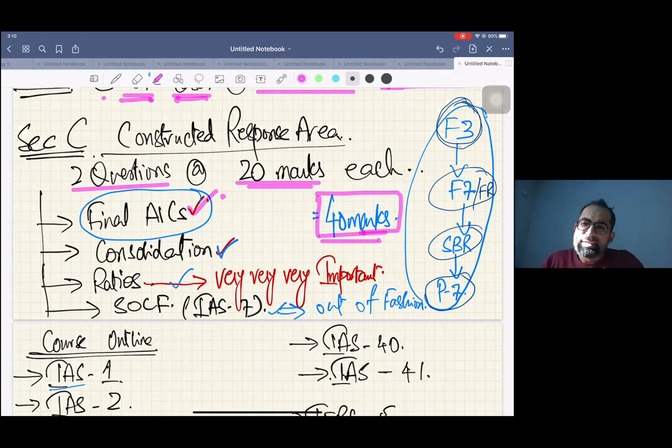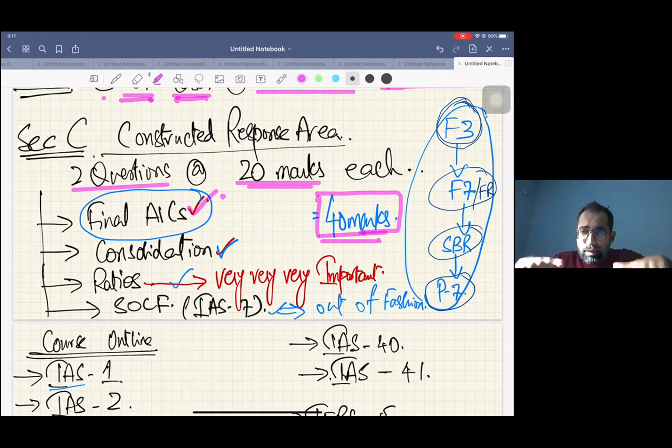Example, closing stock is equal to 40,000. Machines are to be depreciated at the rate 20% on cost, right? Bad debts of 20,000 are to be written off. These were the kiddish adjustments you used to study, very basic adjustments in F3.